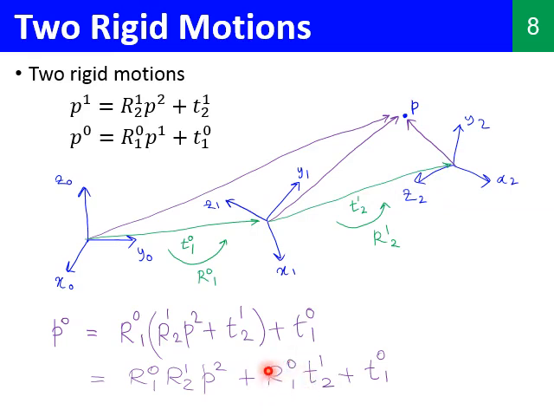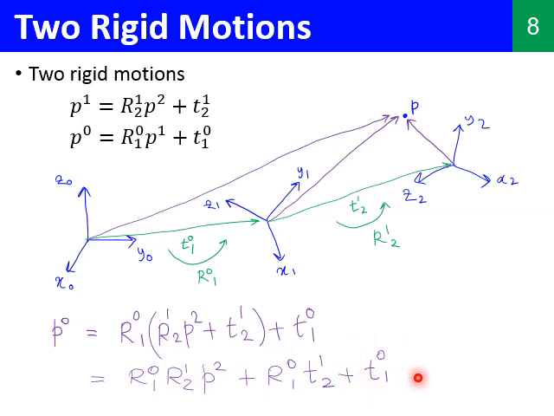So this whole thing is in frame 0 as well. And here we have P2, this vector over there. First we have rotated that into frame 1, and after that it has been rotated into frame 0. So all these parts are in frame number 0.